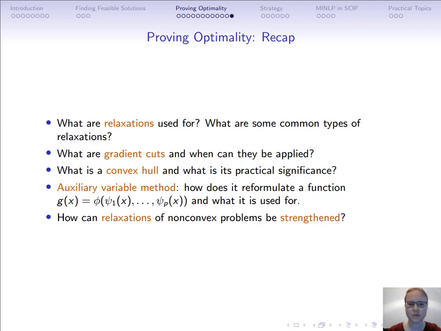Another important notion is that of a convex hull, and I have mentioned why it has a significance for practical purposes of proving optimality. Talking about the practical aspects of how to build convex relaxations on non-convex sets and what the general scheme for doing this is, I have described the auxiliary variable method, which reformulates a function which is composed of some simple functions. And finally, I have described some ways in which the relaxations can be strengthened.